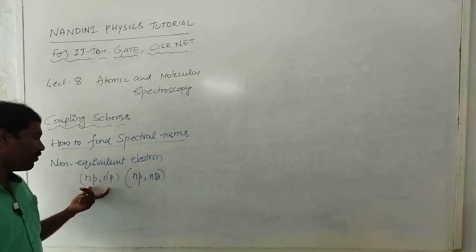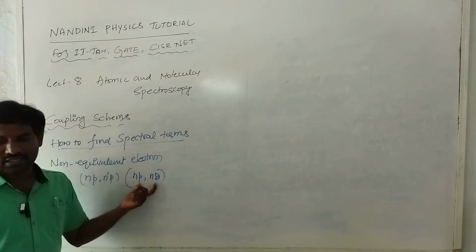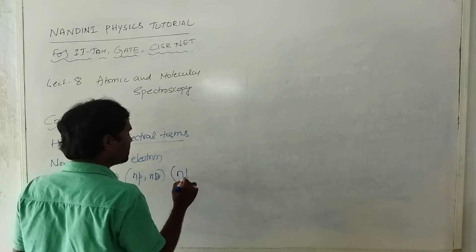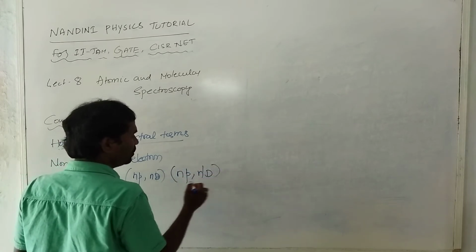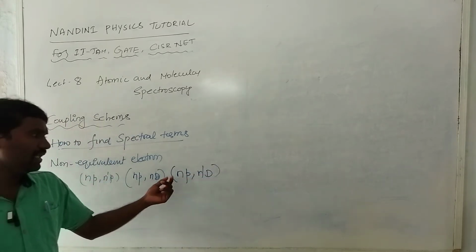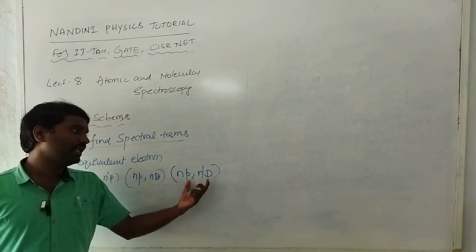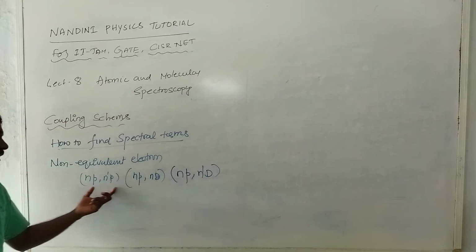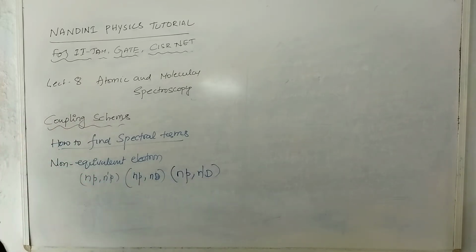This is one set of non-equivalent electrons, and this is another set. If you simply consider np and n'd, this is also non-equivalent, because the quantum numbers differ, and similarly p and d are also non-equivalent. This type of combination is called non-equivalent electrons.